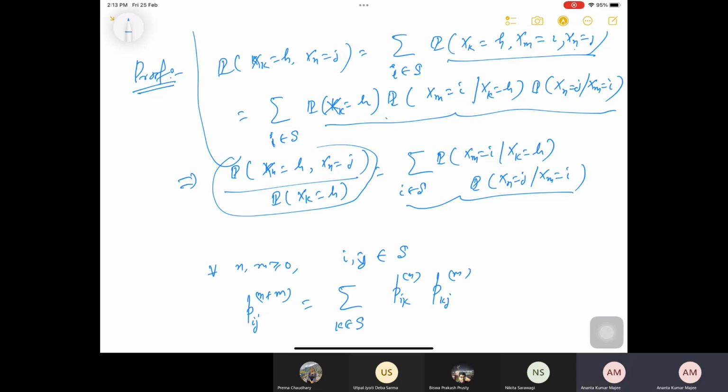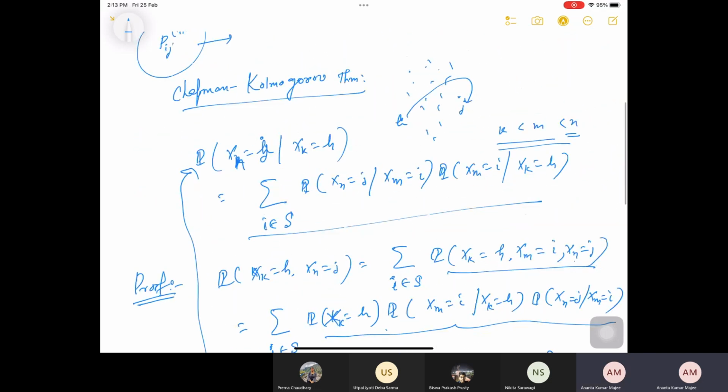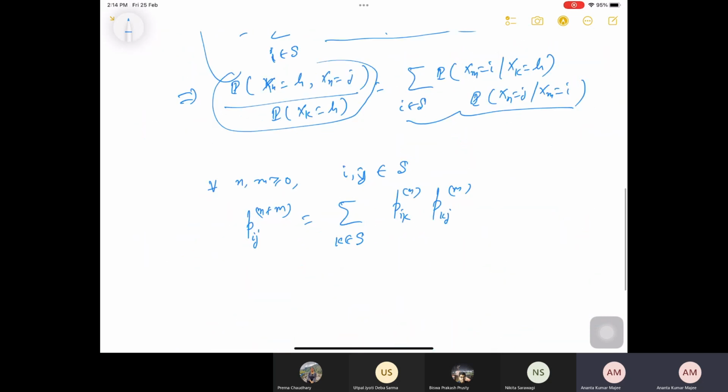Is it not? Exactly that is why we try to write it here, because this is the thing I can write as n minus k. Now this holds for any k less than m less than n. So accordingly we can start with 0 and then n is replaced by n plus m. That is exactly because we are considering a homogeneous Markov chain. So this is exactly your P_ij of n plus m, and accordingly you can change it here. So this is the thing.